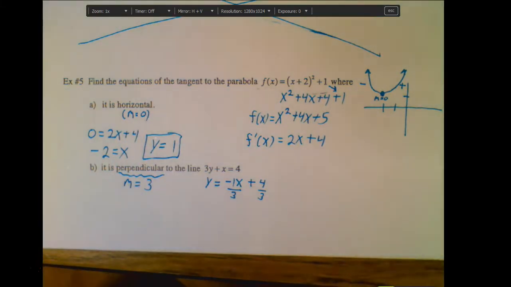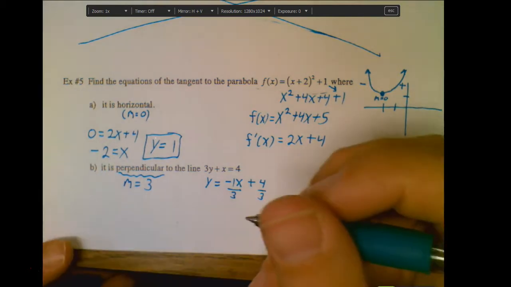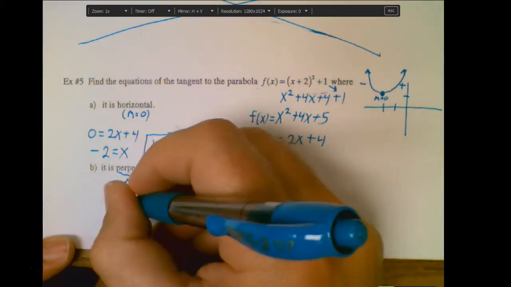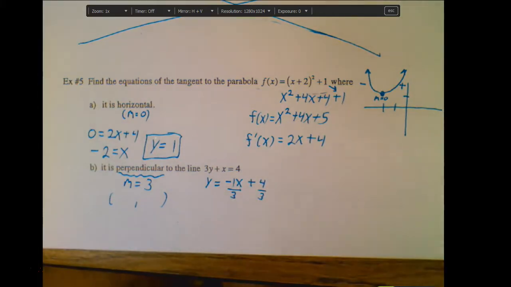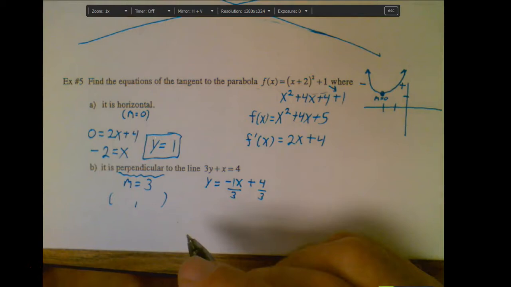So we know our slope is 3. We simply need the x and y coordinates to go with that slope to write the equation of the line. So we know the slope just like we did up above in example 2.